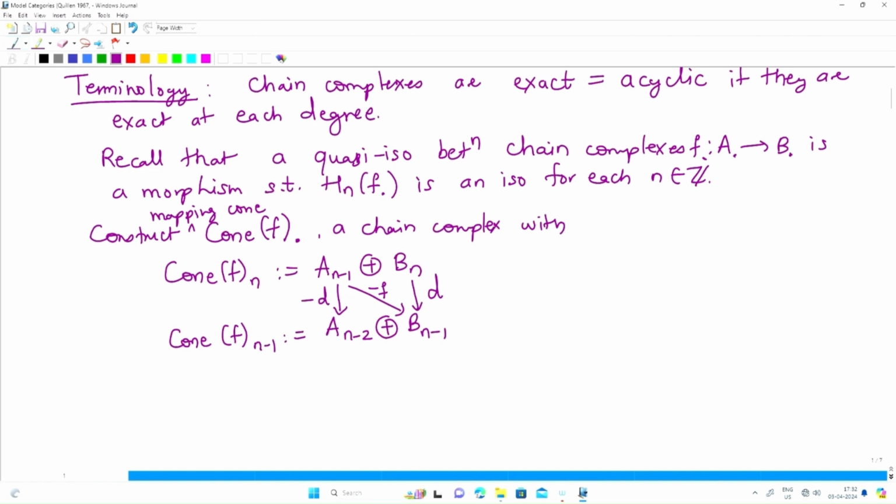So this is supposed to mimic, yeah, you have to think hard for that, and I don't have enough time today to explain that. But it's supposed to mimic the construction of the cone from topology. The mapping cone of f is, please look here. You generally have a space X, and then you construct a cone over it.